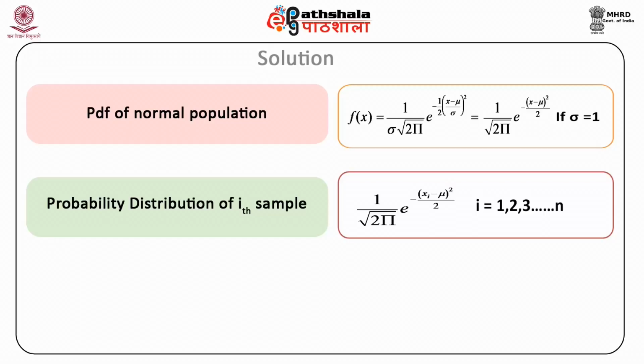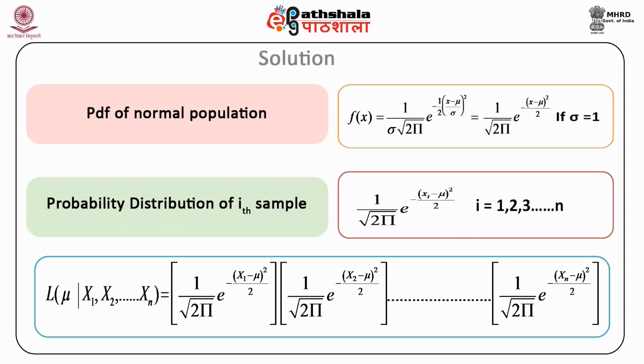The likelihood function L of mu given these values from x1 to xn of the sample is now a product of n terms, one for each sample observation.